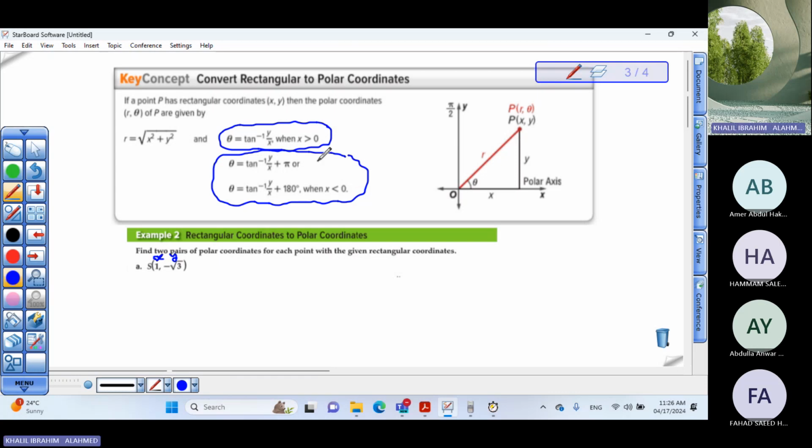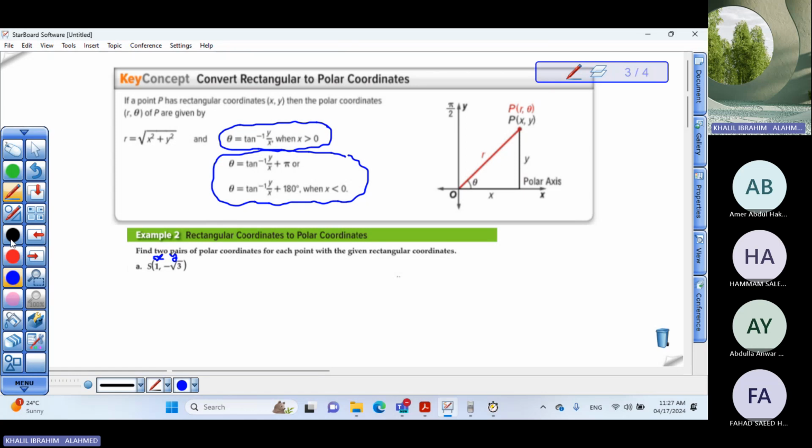You should be careful here in converting from rectangular to polar. This condition is very important. If x is more than 0, you can use this. We don't add pi, we don't add 180. If x is less than 0, you should add 180 or pi to the angle. Be careful about this. I will show you that in many examples later.